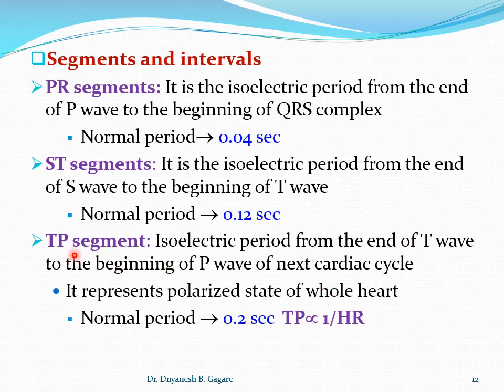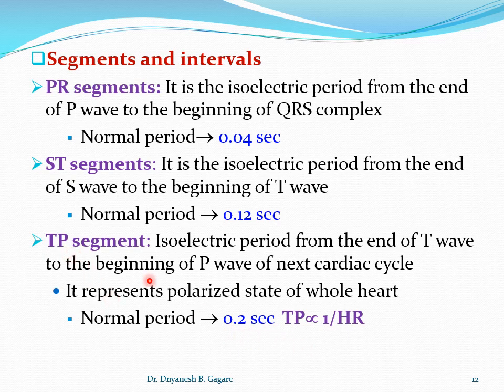The TP segment represents the polarized state of the whole heart, meaning there is no electrical activity in the heart during that time. The normal period of the TP segment is 0.2 second.